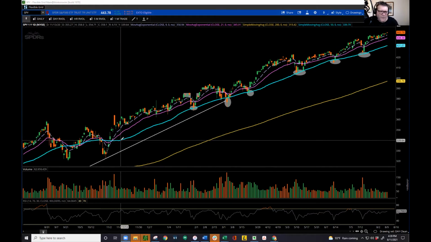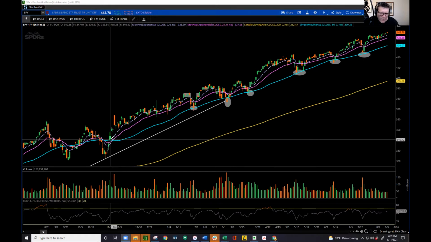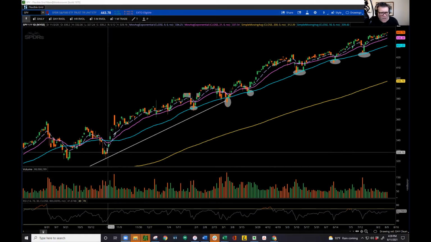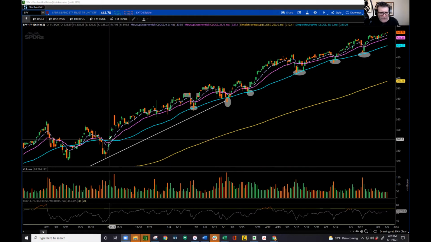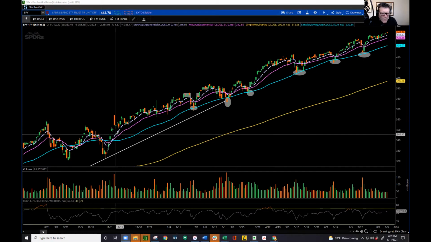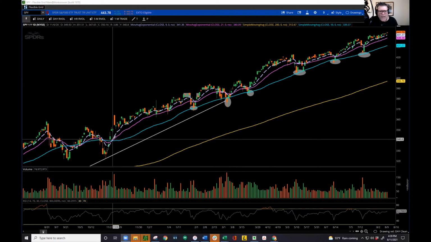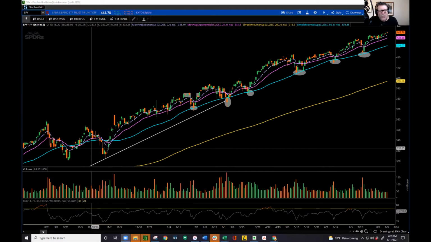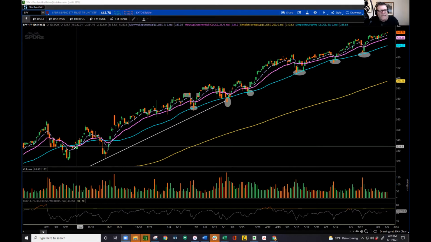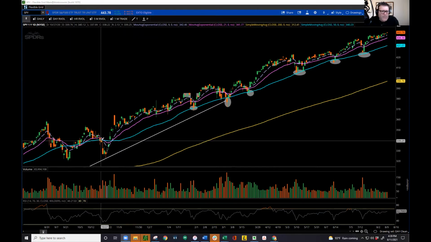So if you look here, back in November, right after the election, we got a nice little break up above the 9 and the 21. Another point that's really important is, when the moving averages squeeze together, like they're squeezed together in here, that's typically a point of indecision.